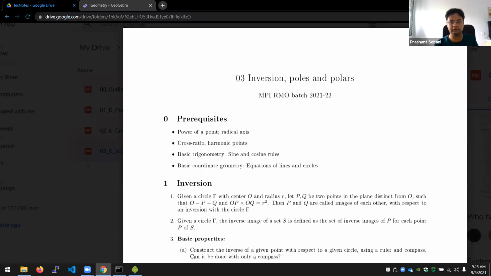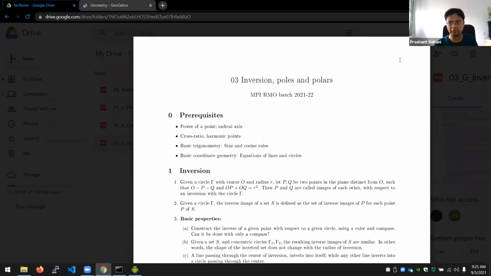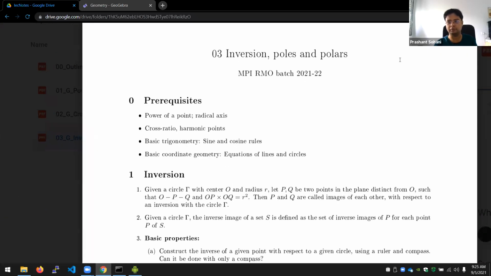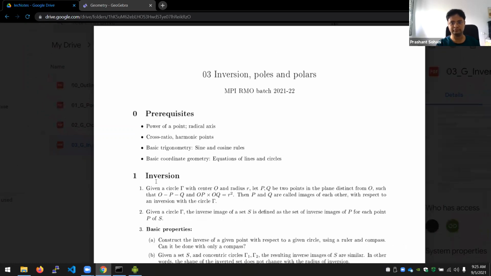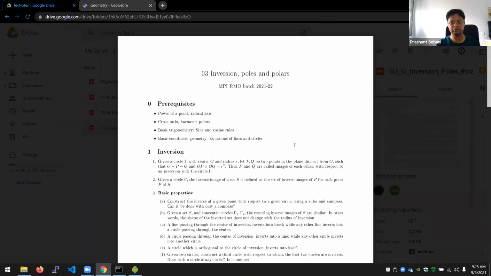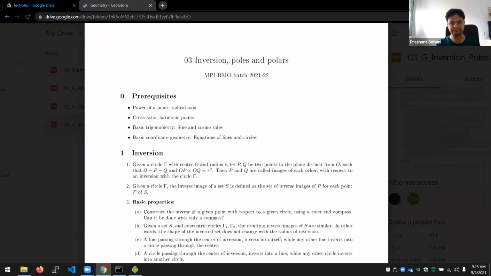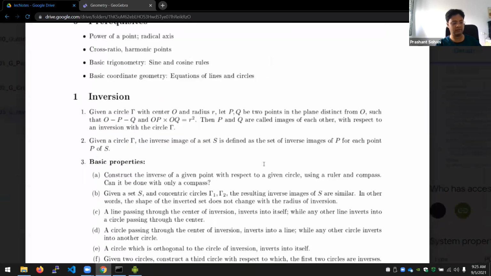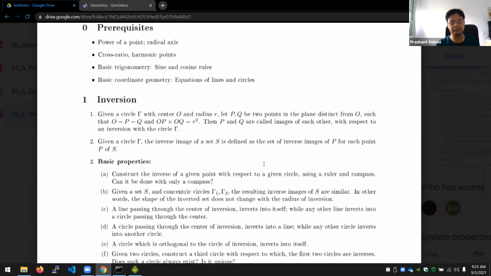Can you raise your hand? How many have already heard of this term inversion? If you know the definition, you know some properties. Any idea if anybody has? Oh, nobody knows anything? Interesting. I just thought maybe somebody has heard this term.